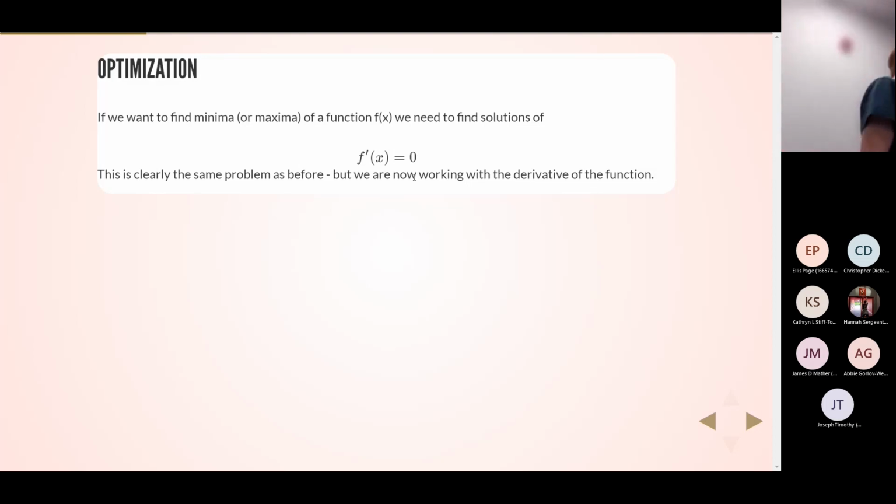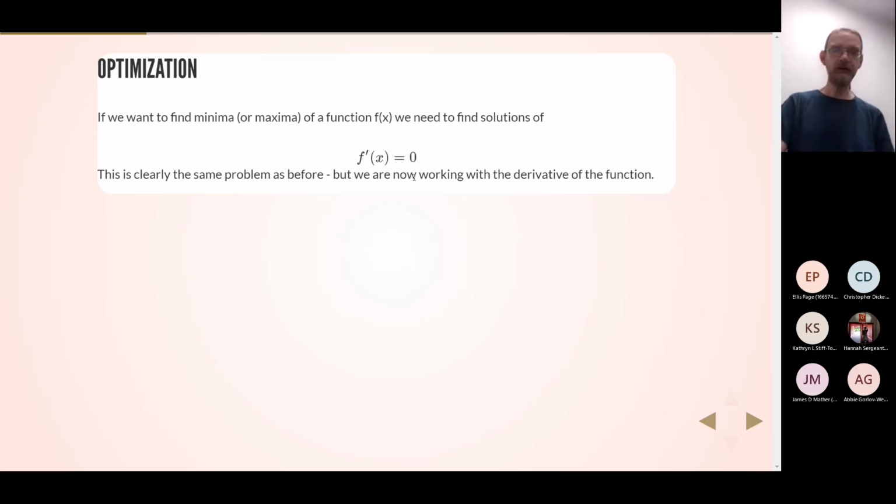If instead we want to find where a function takes its maximum or minimum values, so in economics, I think Martin puts up some of those problems in the first year, there's some function you want to optimize. Or in machine learning, you want to recognize handwritten digits or something like that. What you want to do is optimize some function.